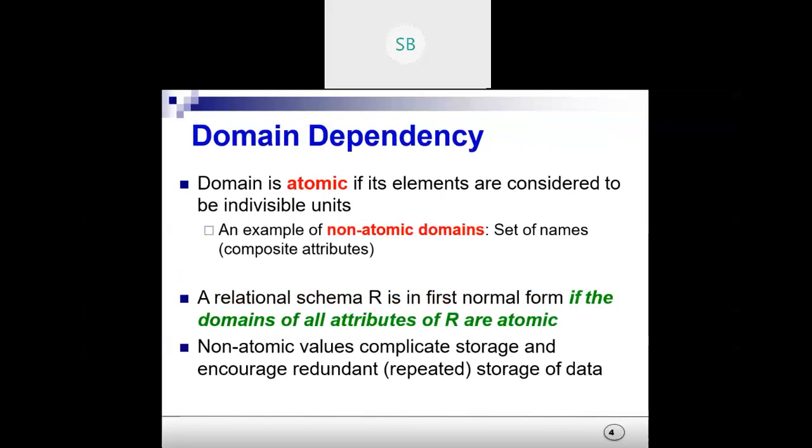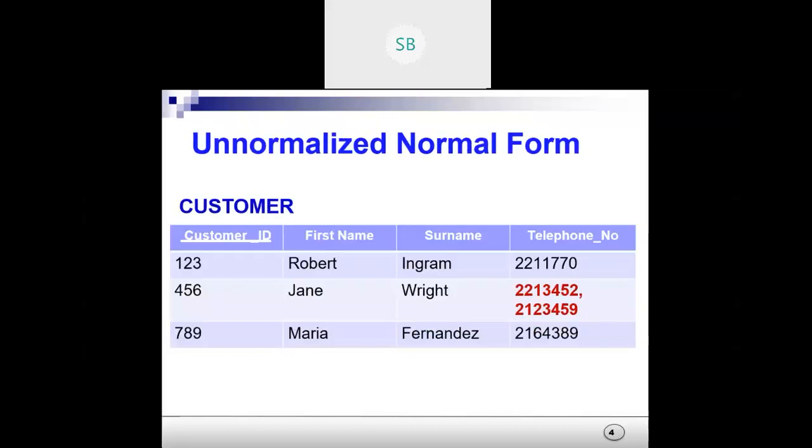Now there is an example. I want to show you what we are talking about with the first normal form. Here is an unnormalized table. In the table customer, you can find 4 attributes: customer ID, first name, surname, and telephone number. 123 is the customer ID, Robert is the first name, Ingram is the surname, and 2211770 is the telephone number.